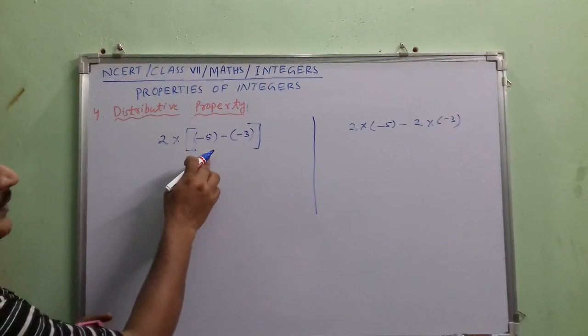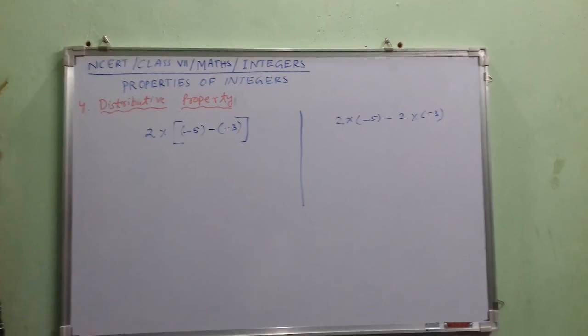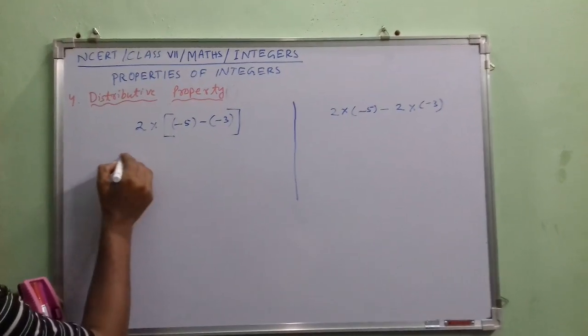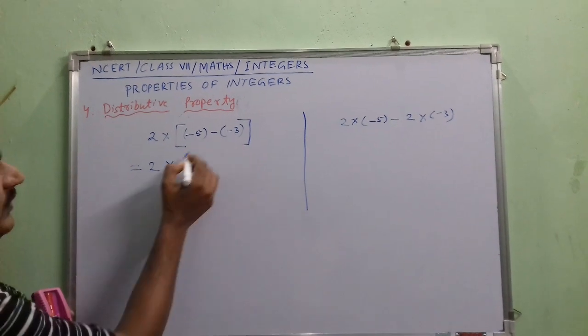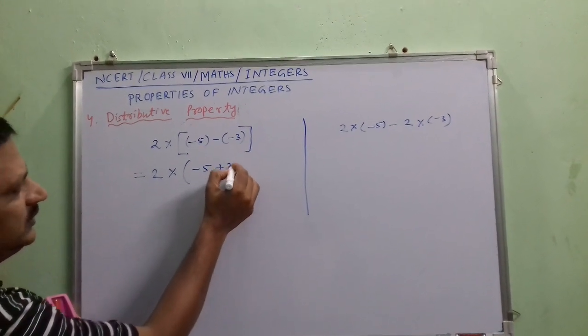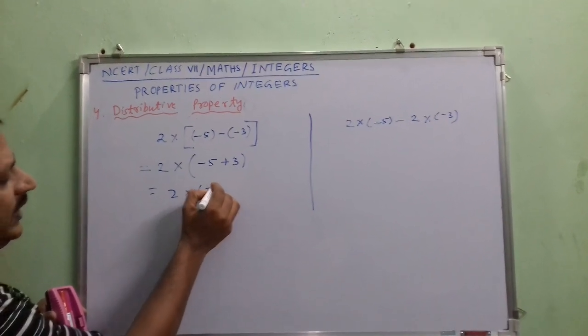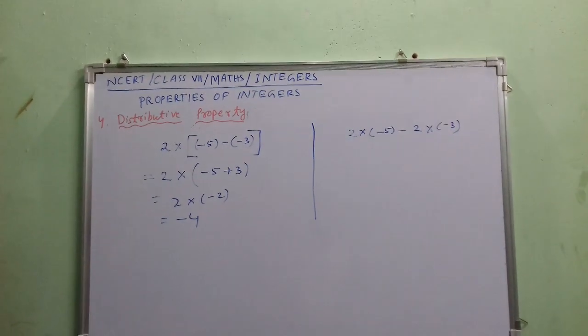2 into (minus 5 minus minus 3). Earlier we have taken plus, here we have taken minus. Let us see what happens. Minus 5 minus minus 3 gives you minus 5 plus 3, that is minus 2. So 2 into minus 2 is minus 4.